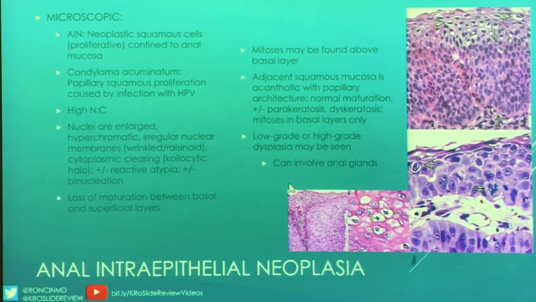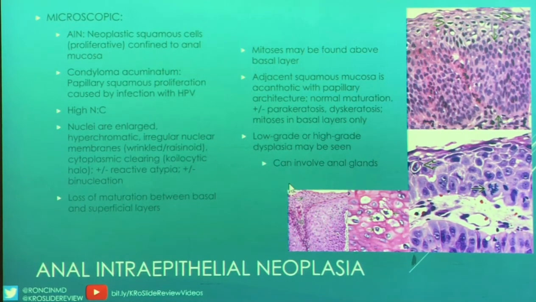Okay, and then this point I have about the low-grade, high-grade dysplasia, just so you know, that can involve the anal glands. Somewhat similar to how when we have cervical intraepithelial neoplasia, that can also involve the endocervical glands. So similar thought process.